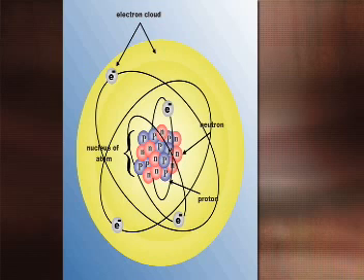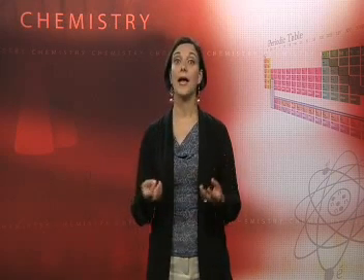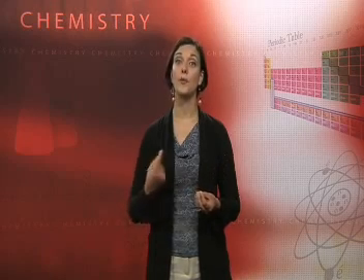This number is represented in the atomic model by the small letter n. The principal quantum number has a value of 1, 2, 3, and so on, depending on the number of orbits in the atom.